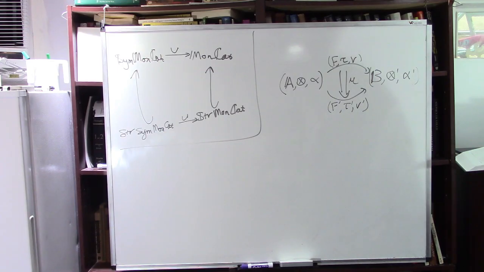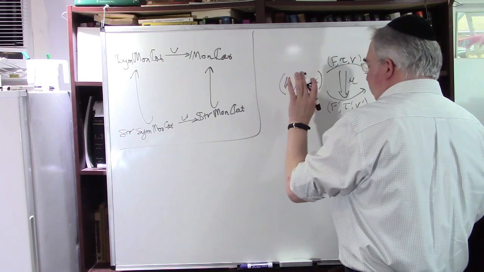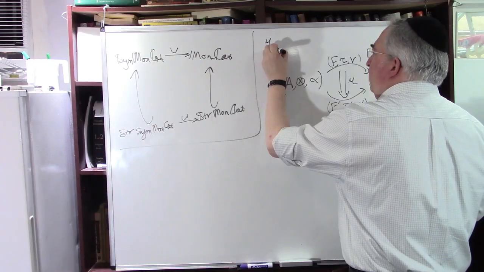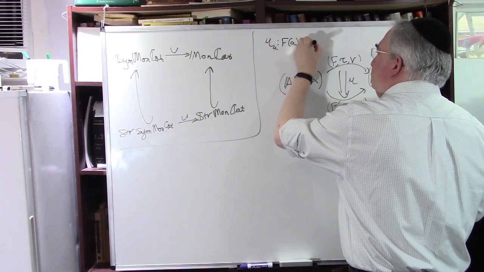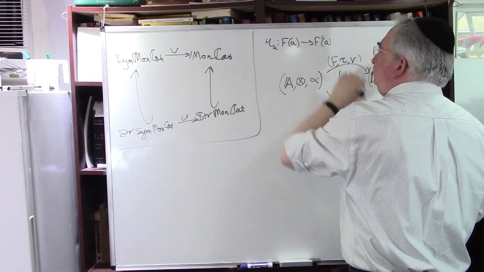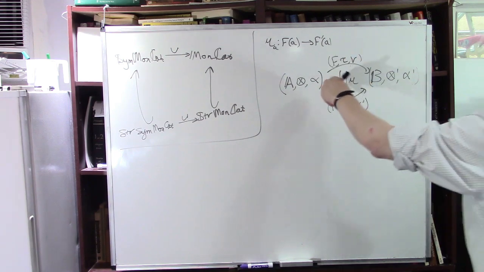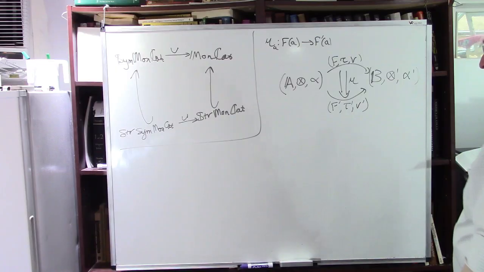Well, let's just go over here and write it. What we usually want is mu of little a goes from F of little a to F prime of little a. And this should be natural, which means if there's a map from a to a prime, we should respect that.